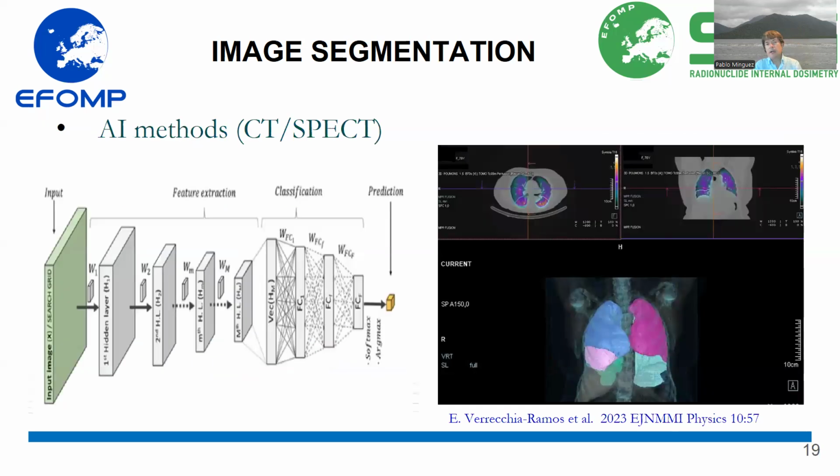And there are also AI methods. Here we can see an example, and they are normally implemented in commercial programs, and they save us quite a lot of time. So these are the main methods, and now I will give some examples of segmentation, a comparison between different methods.